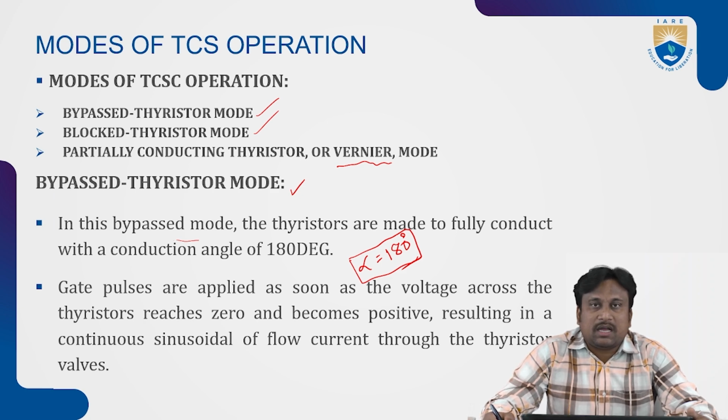Gate pulses are applied as soon as the voltage across the thyristor reaches zero and becomes positive, which results in continuous sinusoidal flow of current through the thyristor valves.